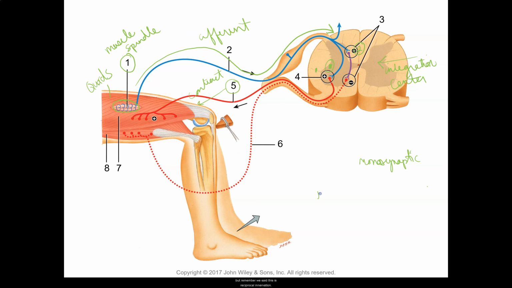But remember, we said this is reciprocal innervation, and because it's reciprocal innervation, it's going to involve antagonistic groups. So the quadriceps is going to cause extension, and the hamstrings will cause flexion. So if the quadriceps is contracting, we need the hamstrings right here to relax.